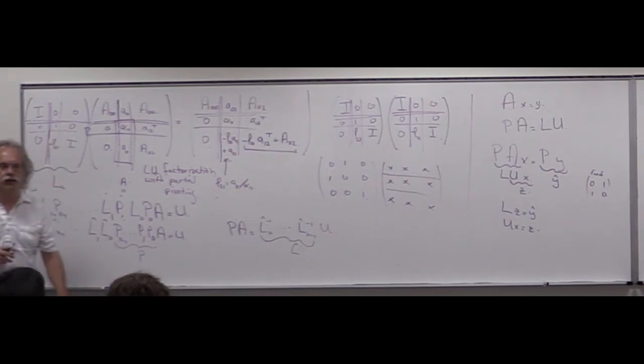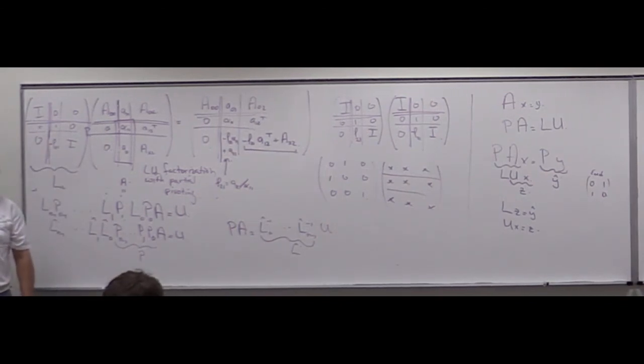Now the fact that there's this name partial pivoting means there must be something known as complete pivoting as well. Complete pivoting turns out to be completely useless. I mention it in the notes, I'll just let you read up on it, but it's something that you need to be aware of.